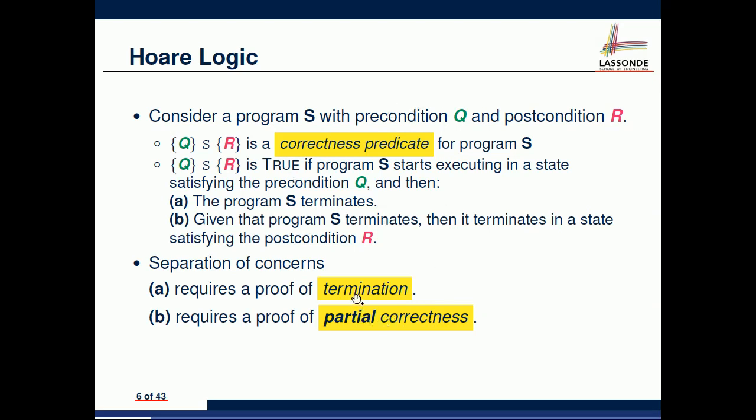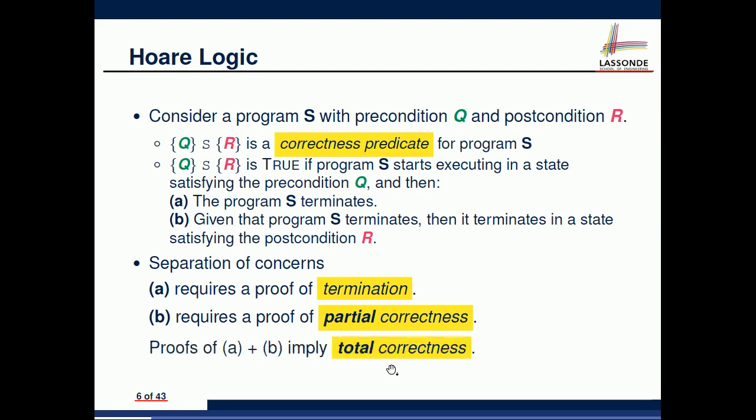One is about termination. Usually, if your program does not contain any loops, you don't have to worry about termination. If you only have assignments, if statements, or sequential composition, you don't have to worry about termination. If you have loops, you have to worry about it. We'll get there too. So we talk about something called partial correctness, which means assuming that your program is going to terminate, let's focus on correctness.